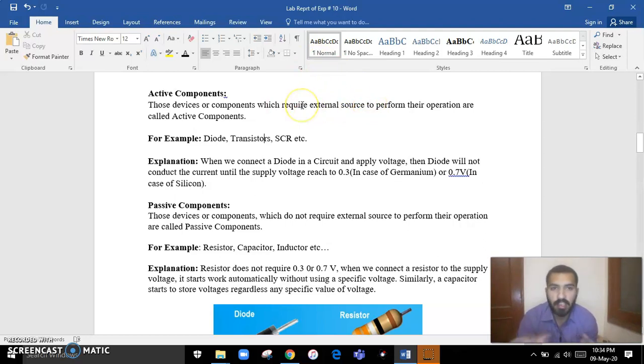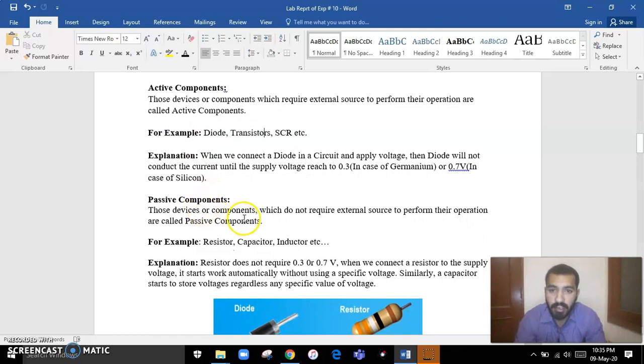Without that external source, they cannot perform their operation. Like a mobile phone without a network SIM card is just an electronic device that turns on and shows you display. You can play games, you can use the calculator on that phone, but the basic functionality of that phone cannot be performed unless you put an external SIM card in that phone. So these are the active components.